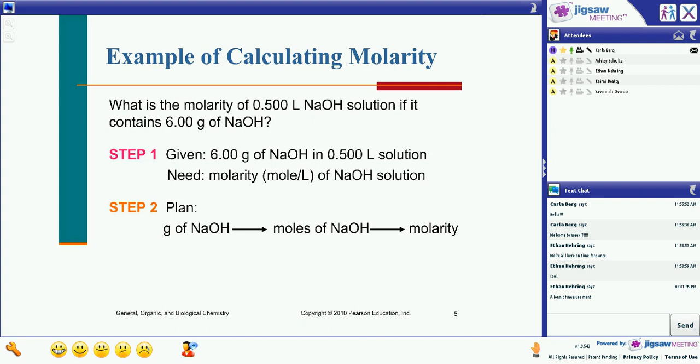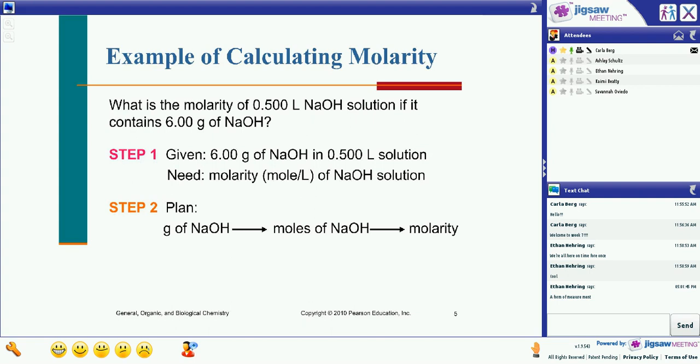Well, I am going to give you 6 grams of sodium hydroxide in 0.5 liters of solution. That is our given. The first step tells you to state the given quantities. Easy enough, it tells us that in the problem. Everyone should be able to get step 1.